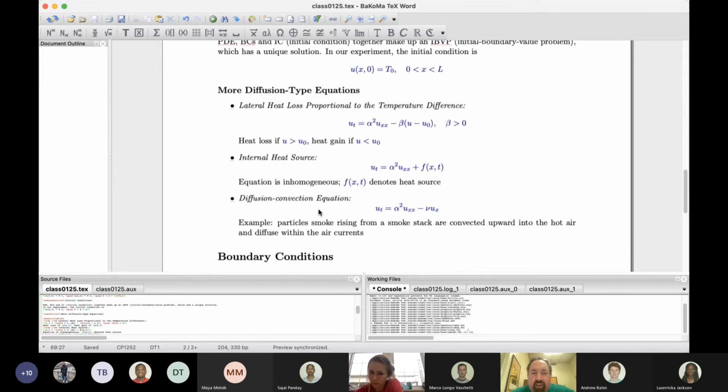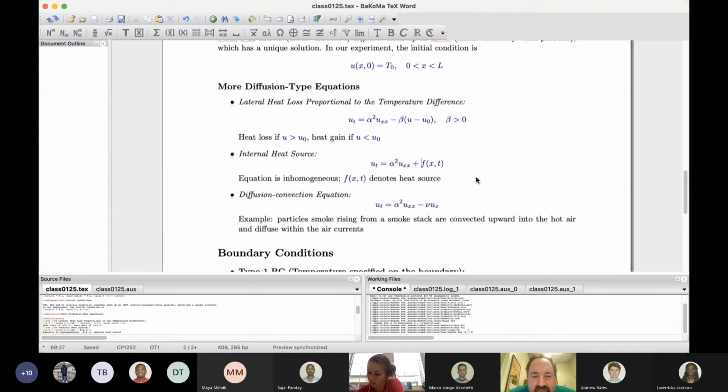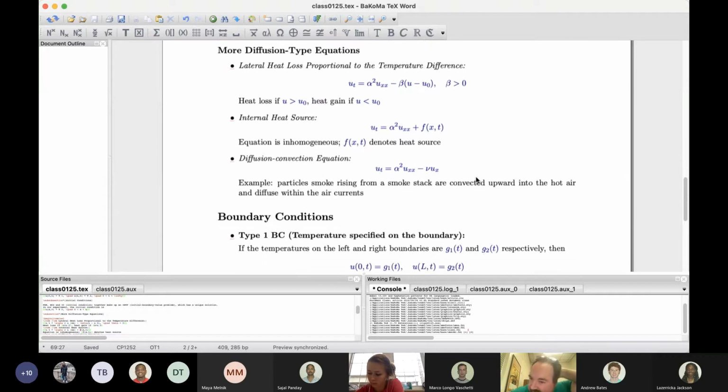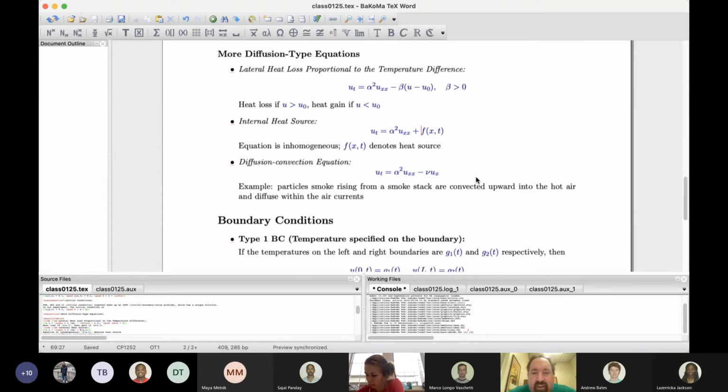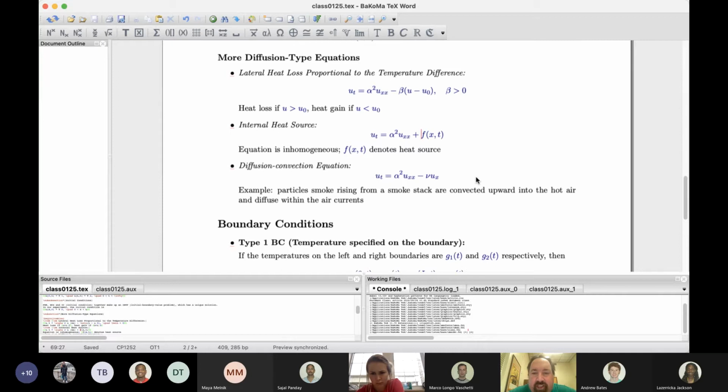So convection or advection, diffusion, reaction problems are common in a lot of applications. All right. So those are variations on the PDE.